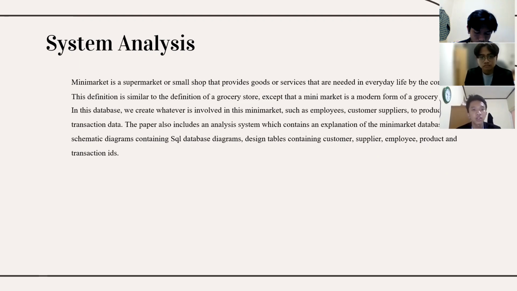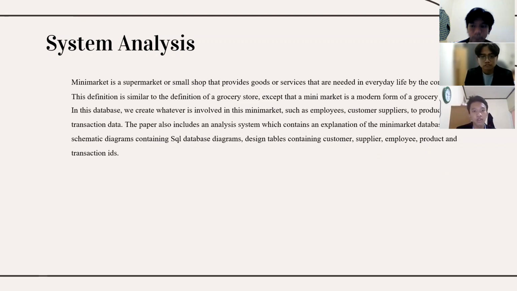In this database, we create entities for the minimarket such as employees, customers, suppliers, products, and transaction data. The paper also includes an analysis system which contains an explanation of the minimarket database.